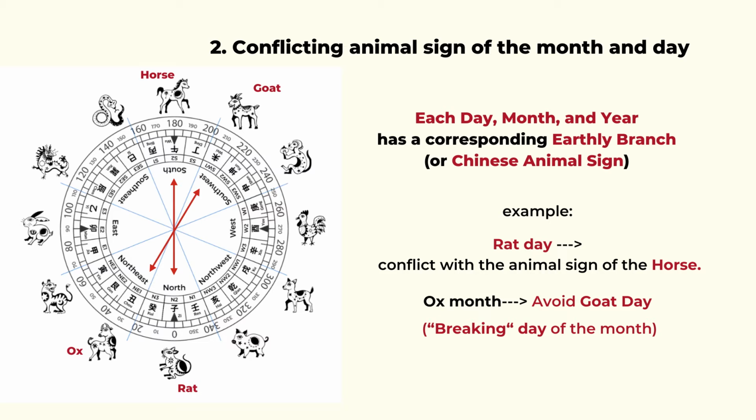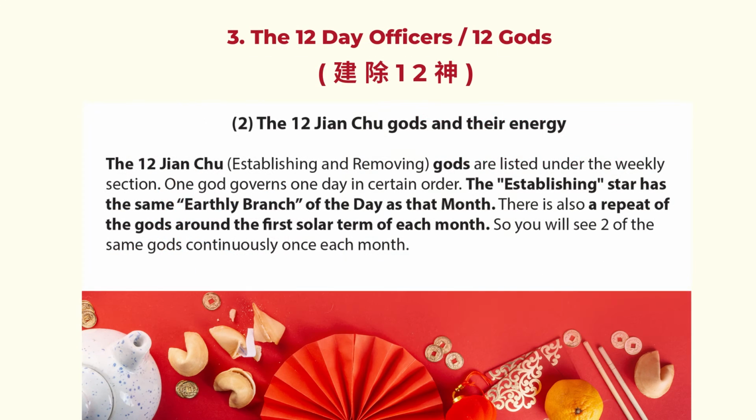And the goat day in the ox month is called the breaking day of the month, based on the 12 gods or the 12-day officers. We'll look at it next. The 12-day officers or the 12 gods is one of the popular systems in the traditional Chinese calendar.